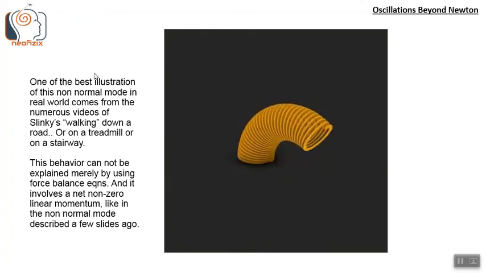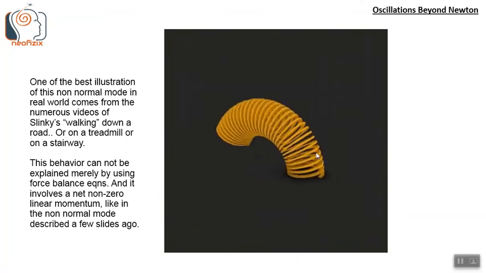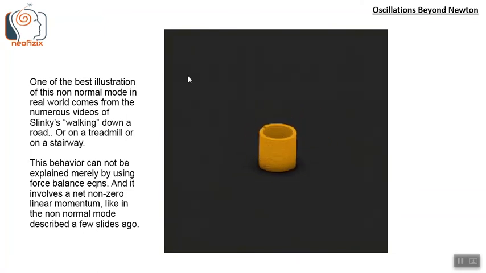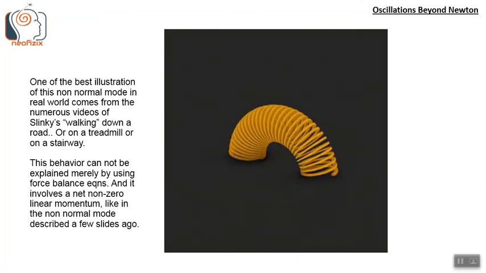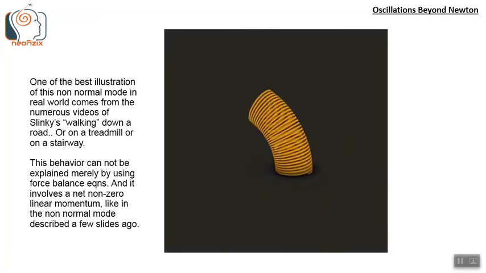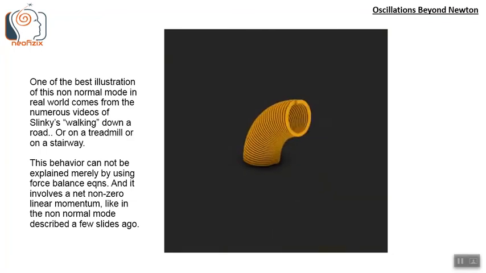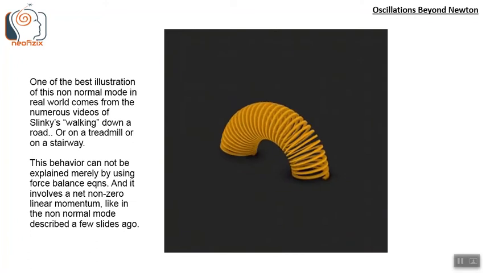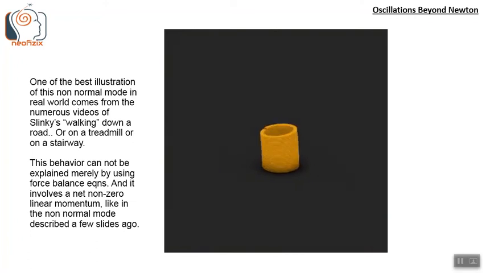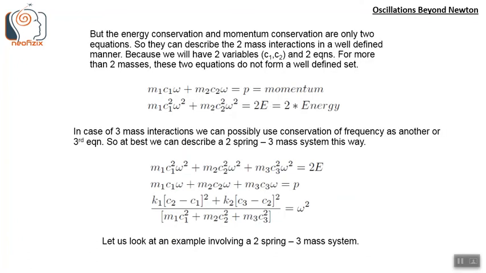So basically it will have a net linear momentum. It's not stationary at a position and oscillating. It moves in a certain direction with the given initial linear momentum that is conserved, and it gradually shifts, translates.